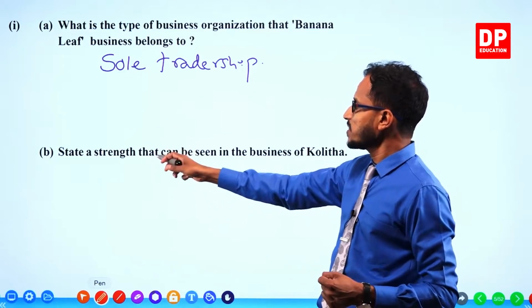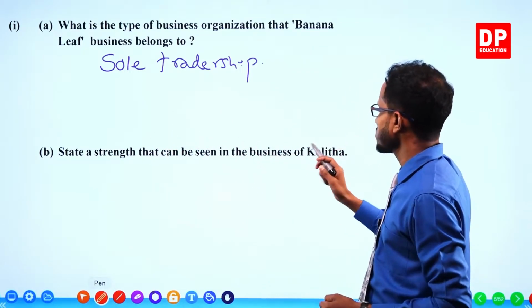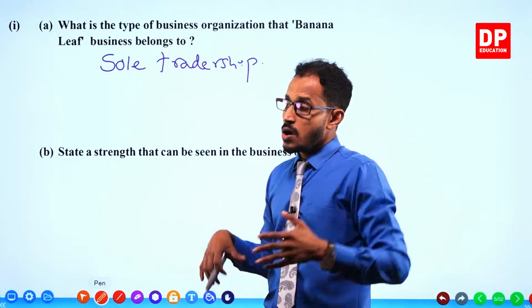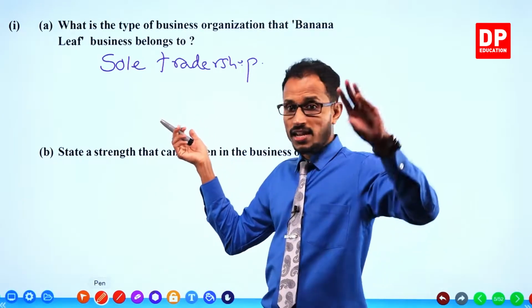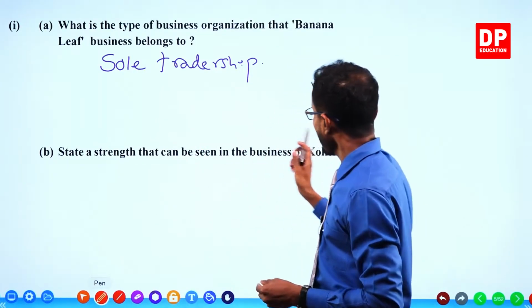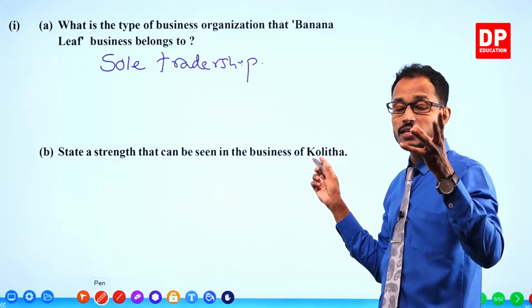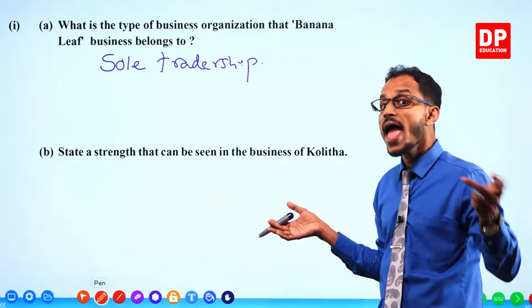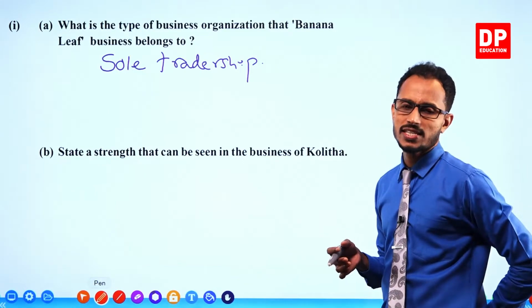Okay, strength that can be seen in Kolita's business, not banana leaf. Now, Banuka, banana leaf guy, is an environmentalist, but Kolita is a planter who has lands and he has a degree.